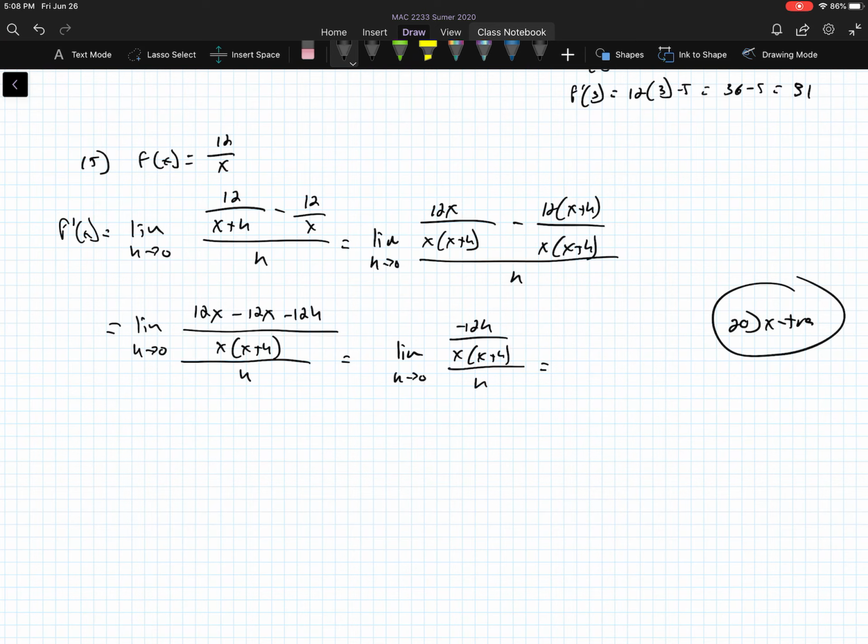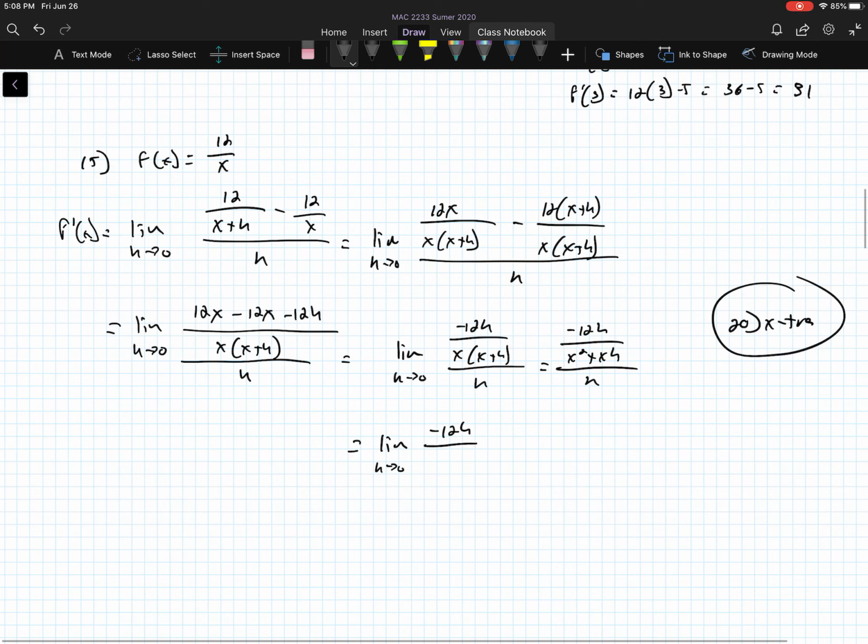And so now what I'm going to do is clean this up just a little bit. So it's going to be x squared plus xh over h. And so then this is going to be x squared plus xh, times 1 over h.